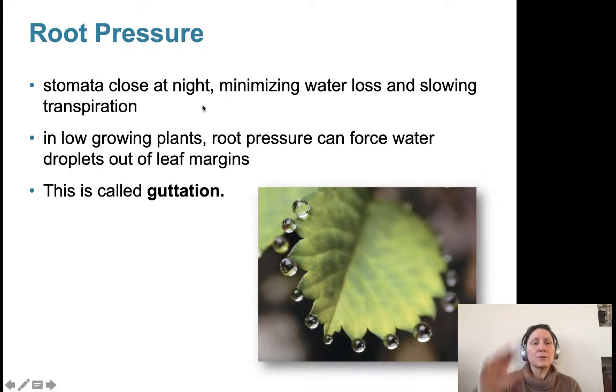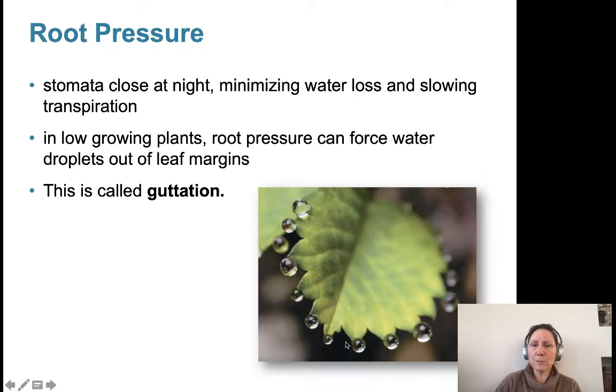Stomata close at night in most plants, not in all plants, but in most plants. That minimizes water loss and slows transpiration. In low-growing plants, root pressure can force water droplets out of the leaf margins, and that's what you're seeing here.